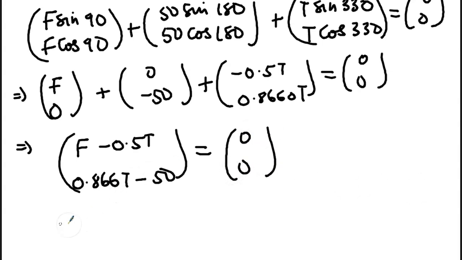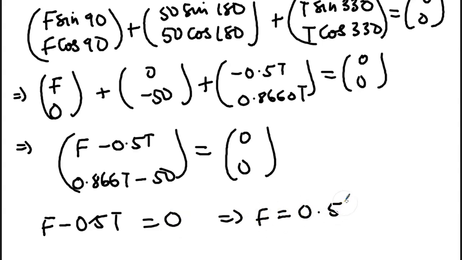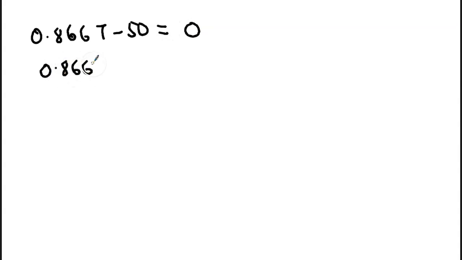By equality of vectors, we can say that F minus 0.5 T will be equal to 0. This implies that F will be equal to 0.5 T. Then the second, within the y component, we have 0.866 T minus 50 is equal to 0. So 0.866 T equals 50. Divide both sides by 0.866.